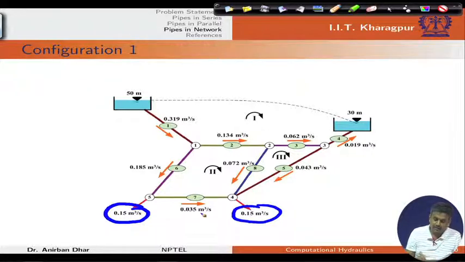At this point, obviously if we add the values, we will get 0 here, because there is no external demand. So, obviously the inflow minus outflow should be the same.